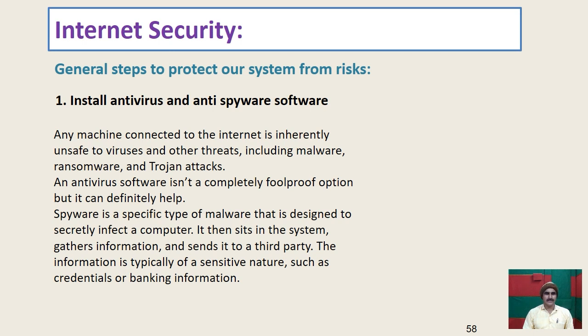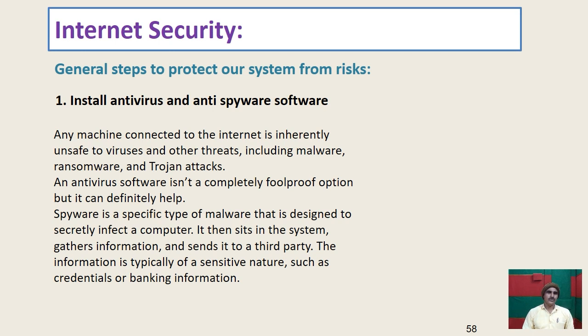Spyware is a specific type of malware that is designed to secretly infect a computer. It then sits in the system, gathers information, and sends it to a third party. The information is typically of a sensitive nature, such as credentials or banking information.